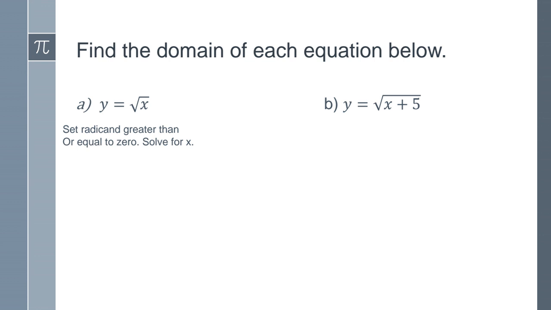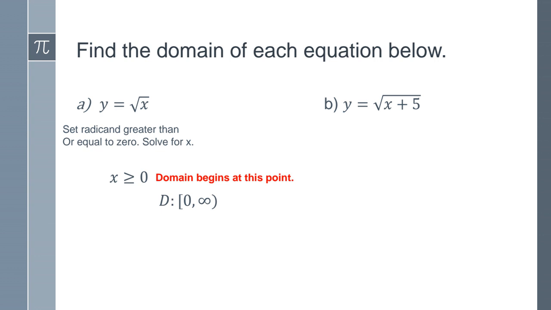So the domain for this problem, okay, is going to be all of the values that are to the right of 0. So here, when I'm writing this one, x has to be greater than or equal to 0. That's where my domain begins. That's when I have a solution and I don't get an error on my calculator. So when I write this in interval notation, do you see that because I can use 0, I put a bracket in here.